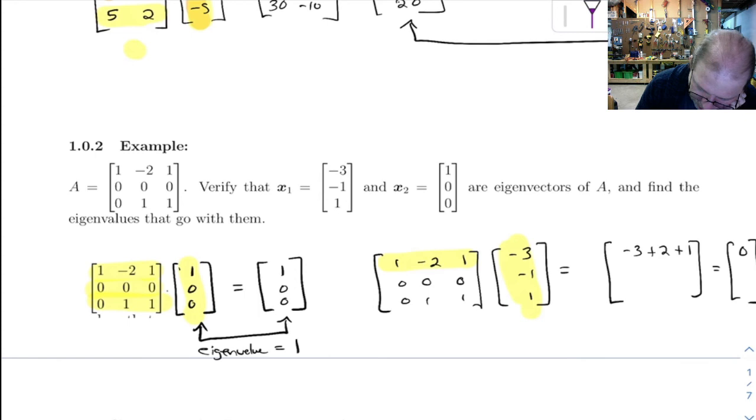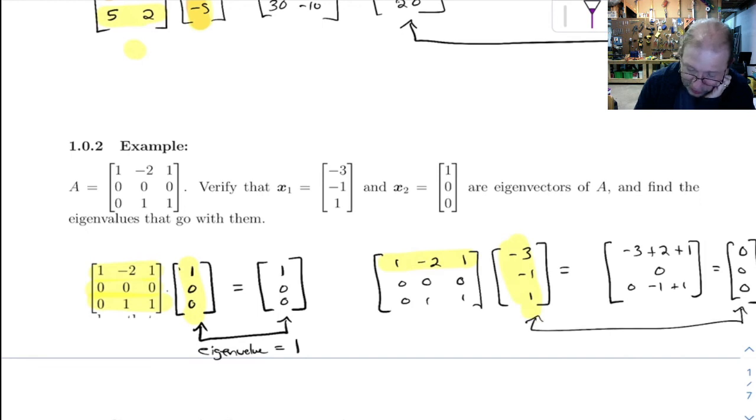The next row, we also get 0. And the bottom row, we get 0 minus 1 plus 1, which is 0. So the question is, is this a multiple of this? Yeah, it's just a zero vector, but we've multiplied by 0. So the eigenvalue here is 0.